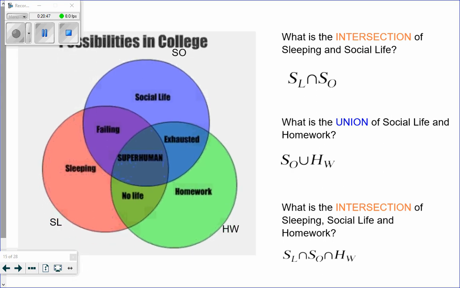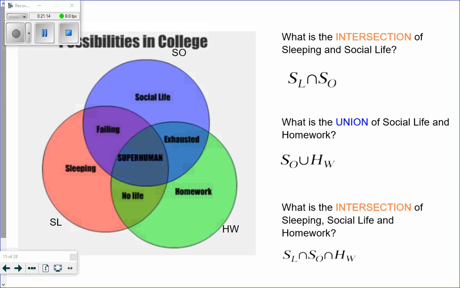We've got SO for social life, SL for sleeping, and HW for homework. So in the middle here, we've got superhuman, and then we've got failing, exhausted, no life, sleeping, homework, social life. Okay? So this person who is able to do all of them, in other words, they have a social life, they're sleeping, and they're getting their homework done, they are superhuman.